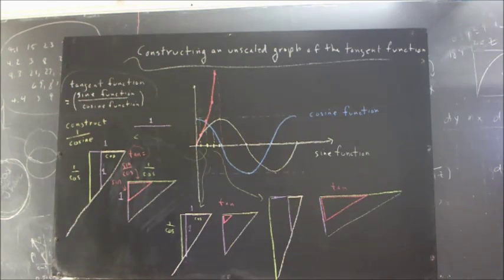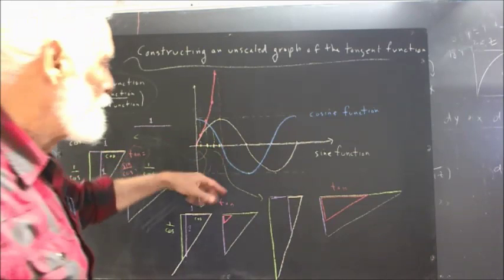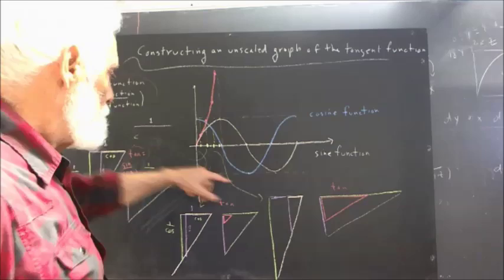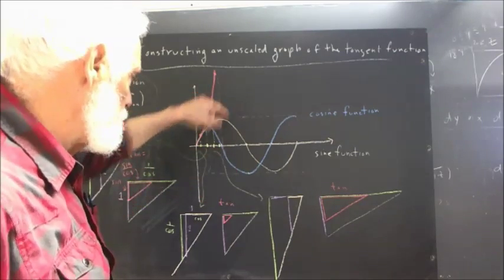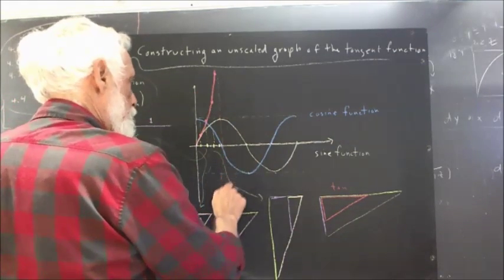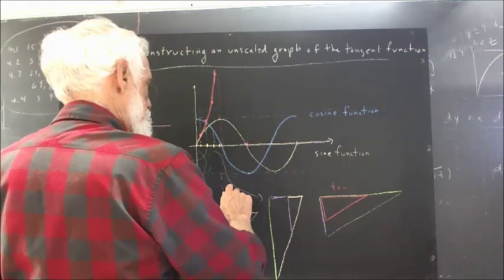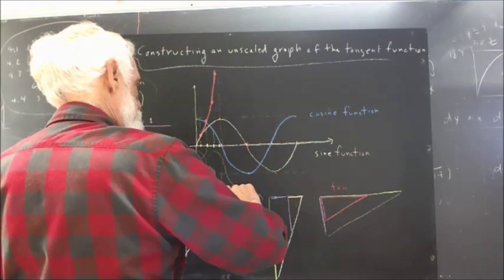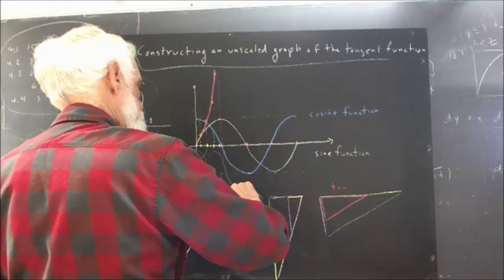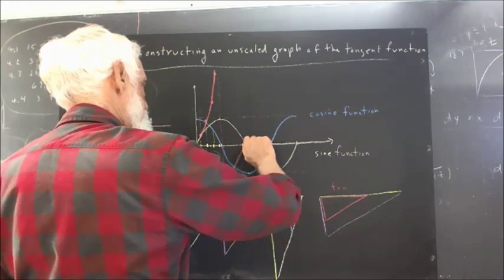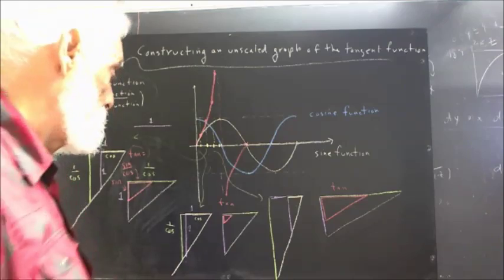Now, there's a symmetry involved here. We're going to get the same values kind of moving backward, but since the cosine is negative and the sine is positive, then between here and here, our graph is going to look something like this.